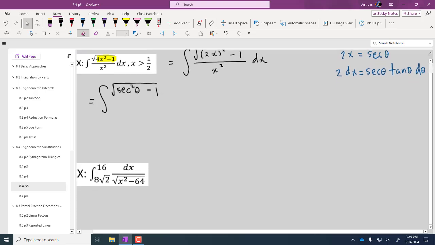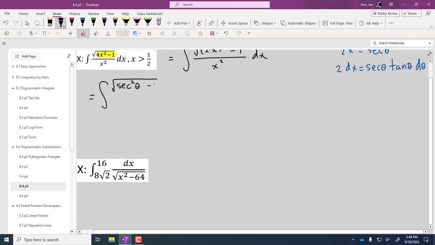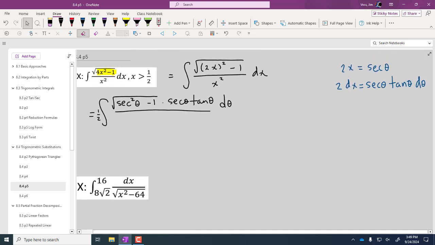So the dx is going to be 1/2. We're going to isolate the dx, so we divide by 2. So we're going to get 1/2, which I'll pull out in front. 1/2, and then secant times tangent. So secant theta, tangent theta, d theta, all divided by x squared.